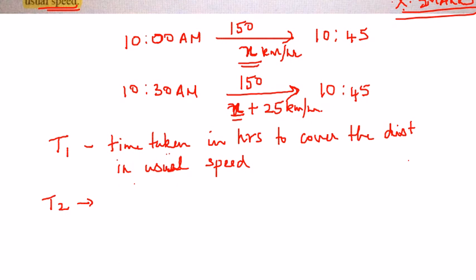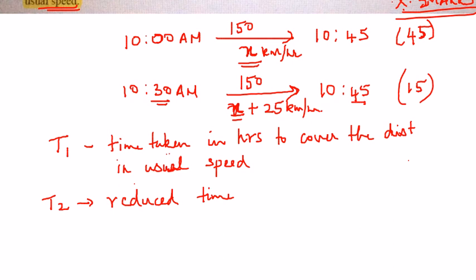Why is it a reduced time? Because I'm still starting at 10:30 but reaching at 10:45. A trip which takes 45 minutes is now taking only 15 minutes because I have increased the speed. So t2 is the reduced time, also in hours, to reach the destination on time.